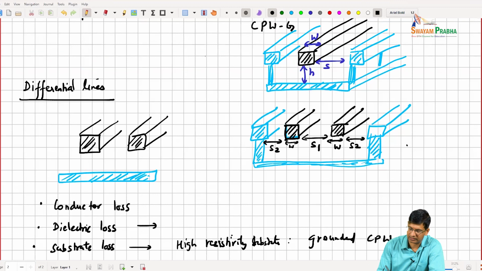Then there is the dielectric loss. Unfortunately, you don't have too much control over this because it is what the foundry uses. But what really causes losses in that dielectric region is the presence of metal fill, right? So you can do a lower density metal fill.